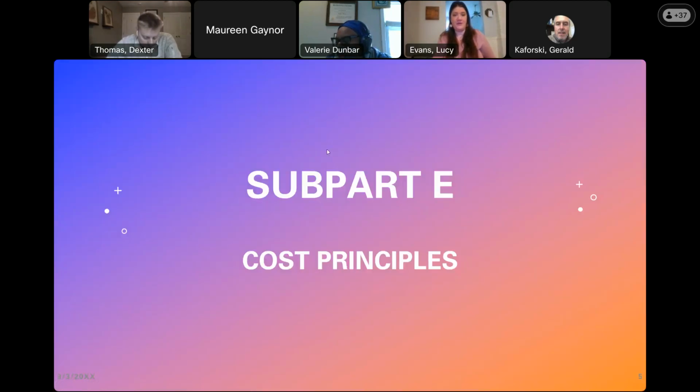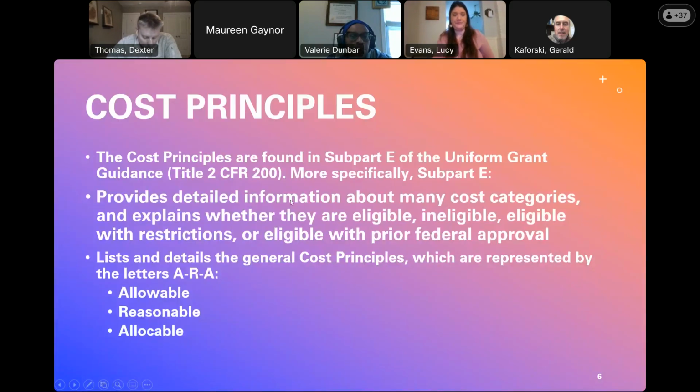Okay, now we are going to go over Subpart E, which is cost principles. Cost principles are found in Subpart E of the Uniform Grant Guidance, which is titled 2 CFR 200.